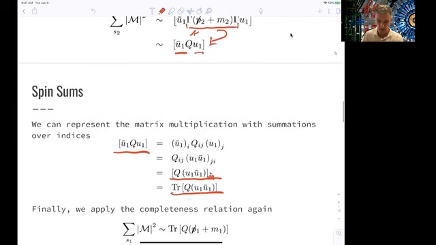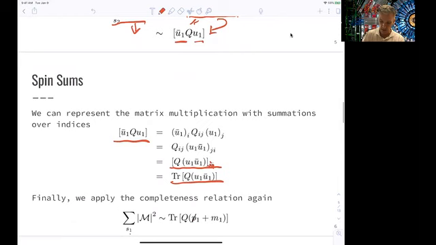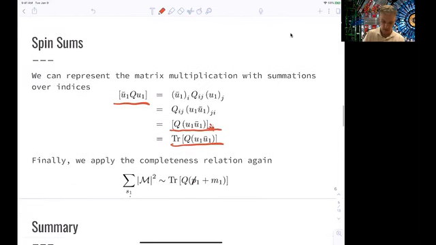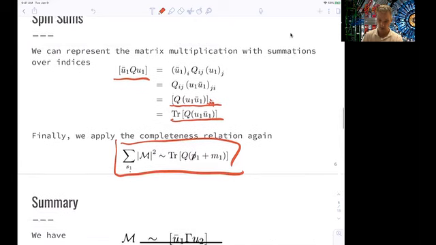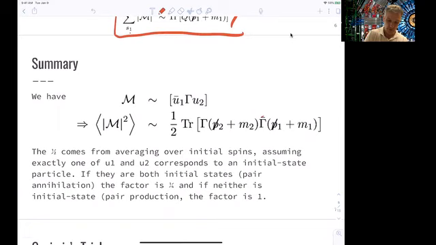So if you put all of those together, you find that calculating the sum of matrix elements is similar to building the trace of a matrix. And then our final result is given by this one. All right, so summarizing this part, we have a matrix element, and we saw that the matrix element is of this form, proportional to this form.